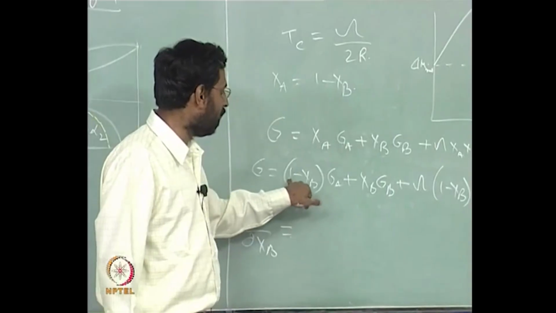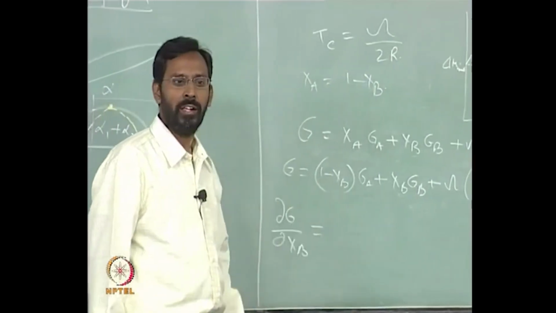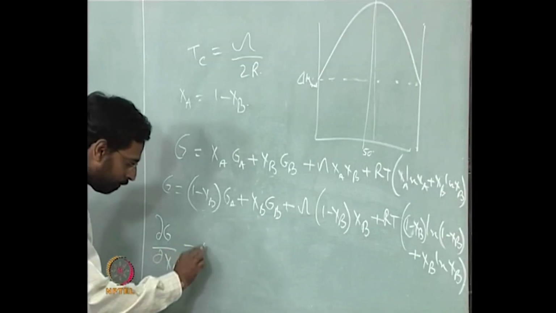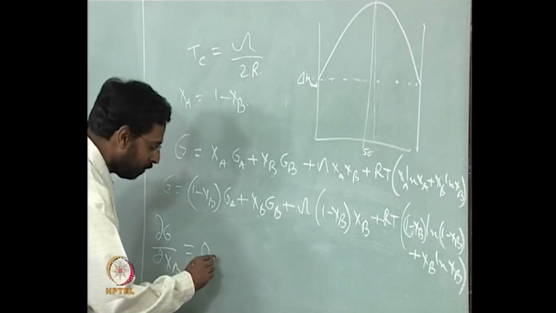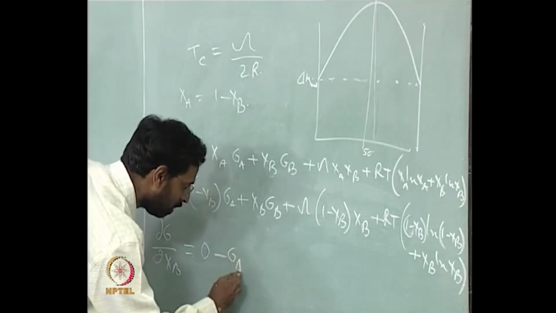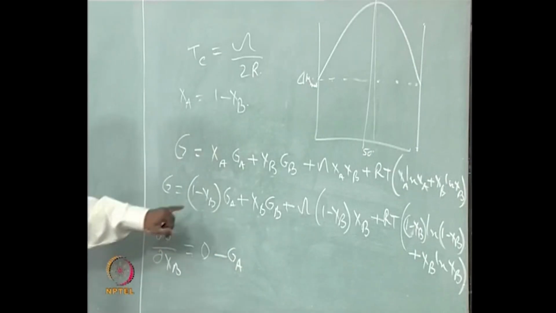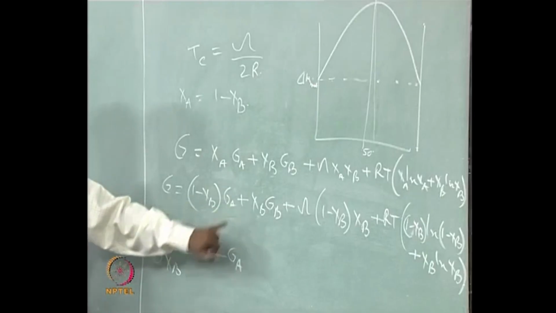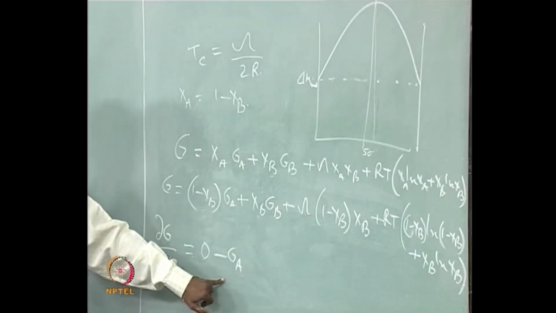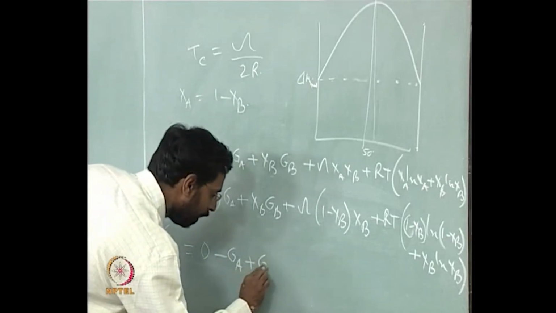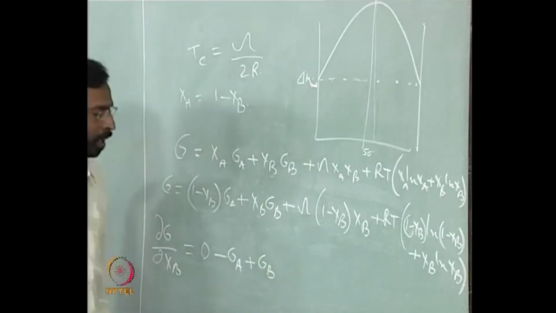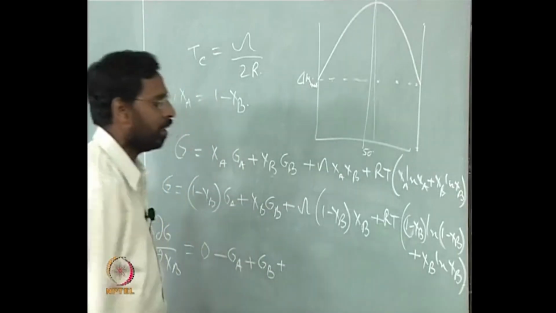And if you do this, this is g a minus x b g a. Okay, so g a is constant, the derivative of a constant is 0, that much I hope you still remember. So this is minus g a, this is minus x b into g a, so it will be minus g a, derivative, and then this will be plus g b, plus, here there are 2.